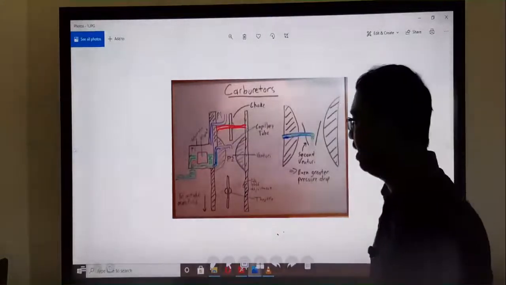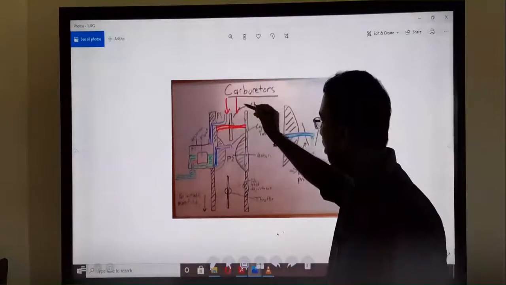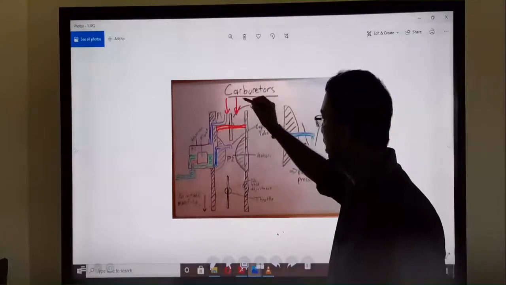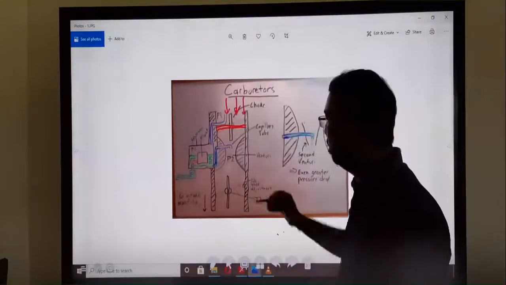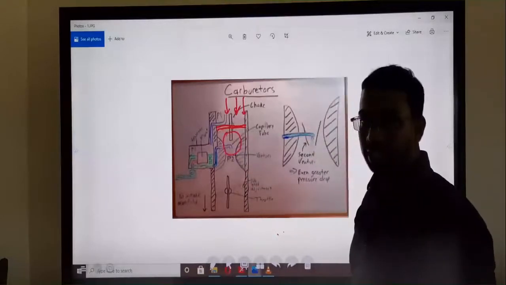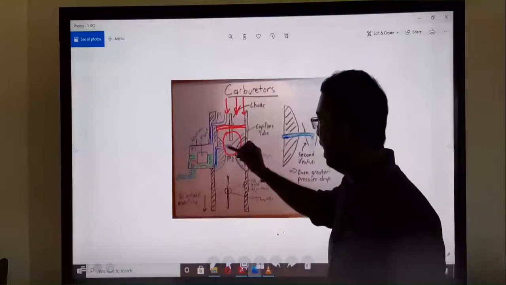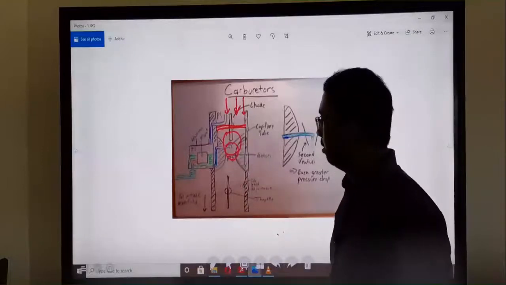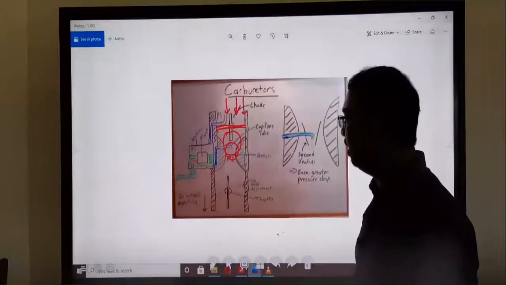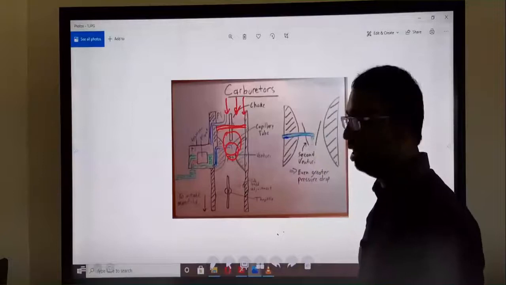So at that time what happens? There is no or less air intake. So here there is a cavity, that means a space without air. At that time also we get a pressure difference. Because there is no air, the pressure is very low.